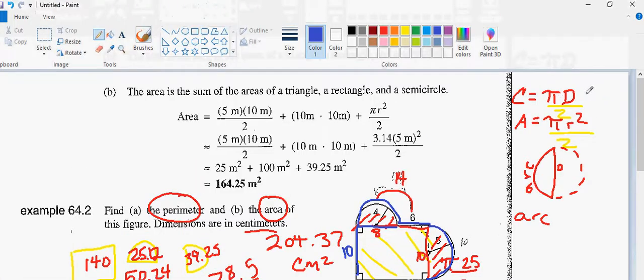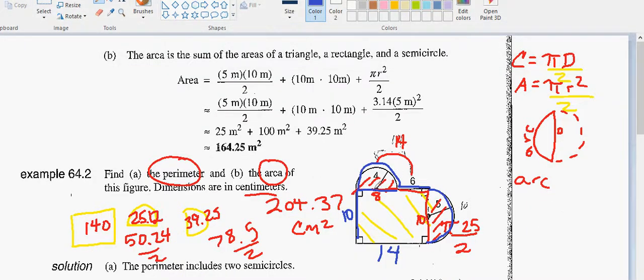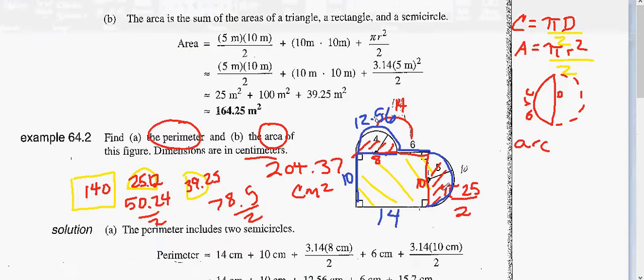Formula, circumference divided by 2. So pi, diameter, 3.14 times 8, divided by 2. I get 12.56 on this one. And over here, pi times 10 divided by 2, 15 and 7/10.